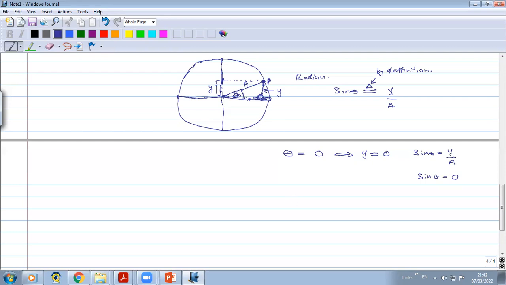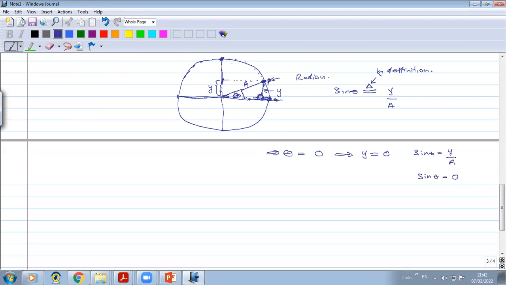First, this point is at this location. At that time, theta is equal to 0, then y is equal to 0, then sine theta is equal to 0.